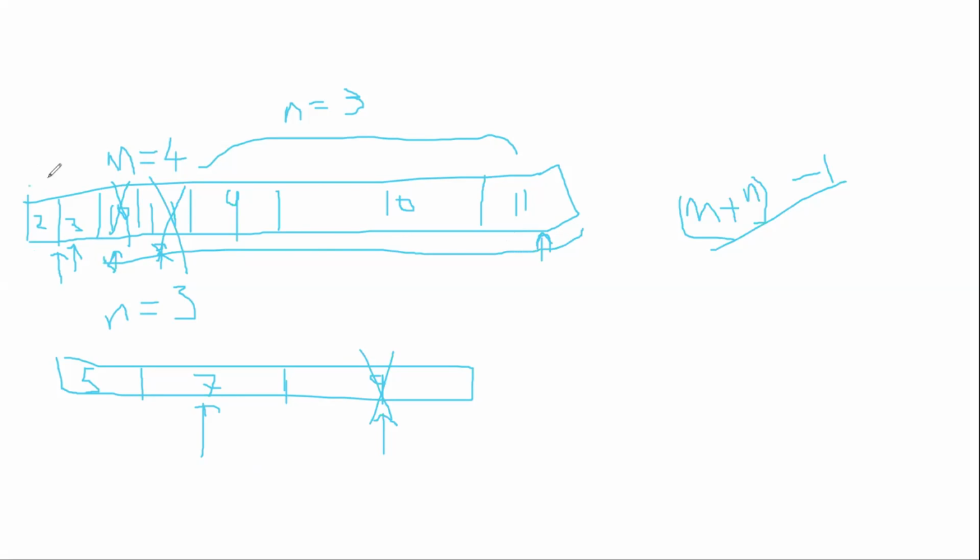Let's take the position of the first pointer, the pointer which starts from position M, as X. Then in that case, the pointer which starts from the end will also be at a position X. But the pointer which starts from the end has traveled a distance of n plus m minus 1 minus x.